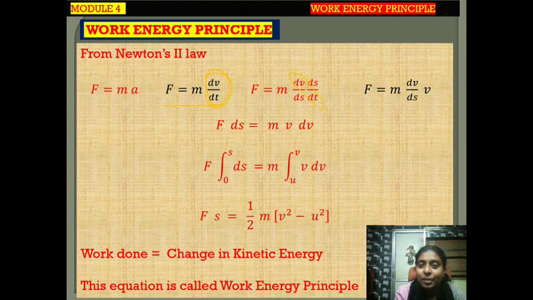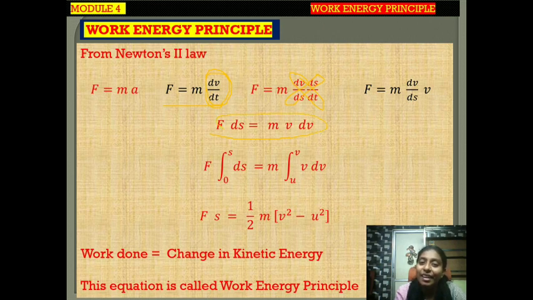We multiply by ds and divide by ds. We know ds by dt is the velocity v. So we get m into dv by ds into velocity. Cross multiplying, we get F into ds is equal to m v into dv.